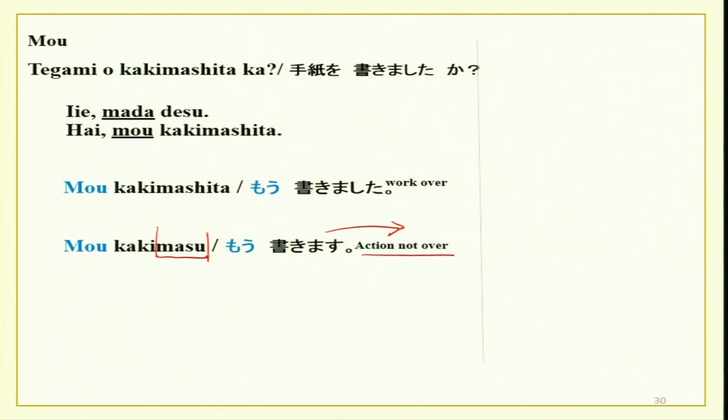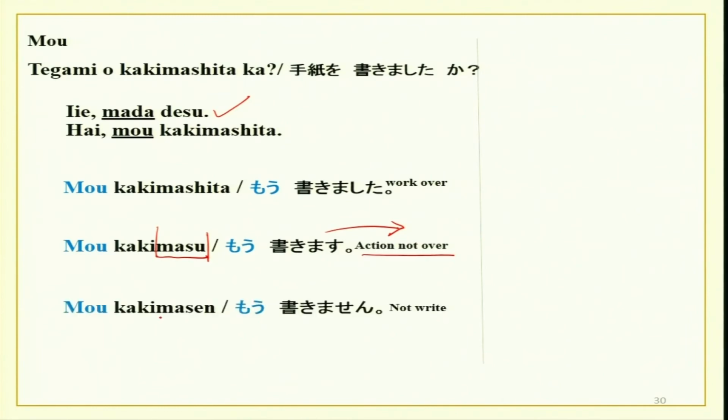I have plans of writing. For example, "tabemashita ka?" "Iie mada desu," or "mo tabemasu." From now on, I will go for eating, or I will start eating, or very soon I will eat.